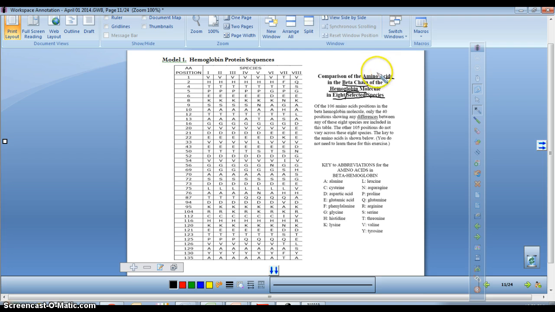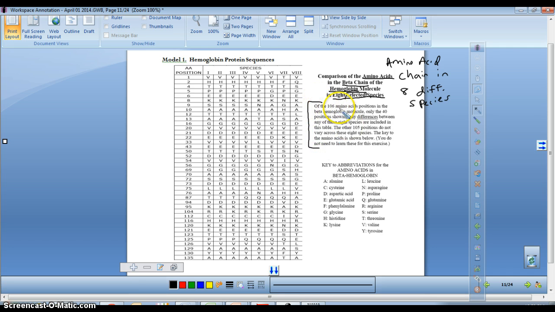So we're talking about the amino acid chain of the hemoglobin molecule in 8 different species. So 8 different types of organisms. Okay? So let's read through here.